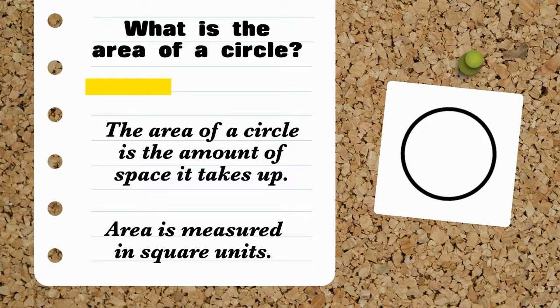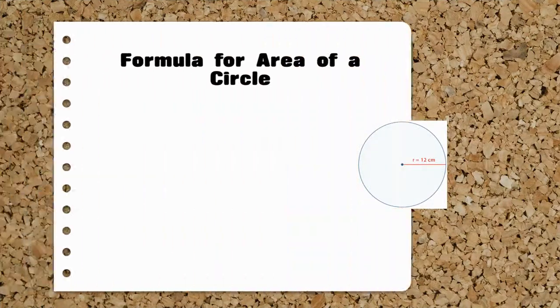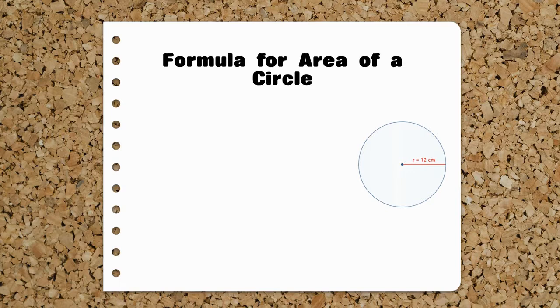When we talked about rectangles and squares, we know that the formula was length times width. I wonder, what is the formula for finding the area of a circle?